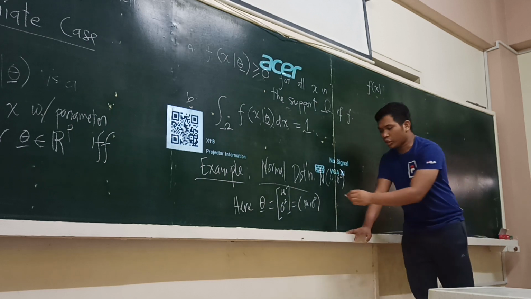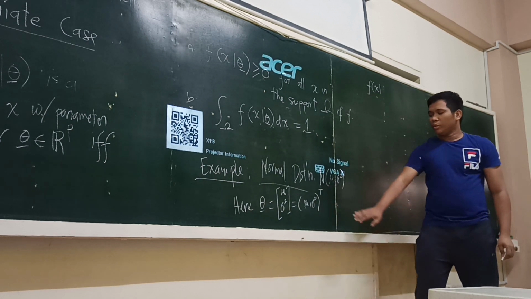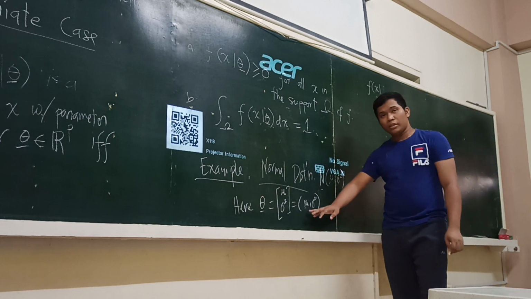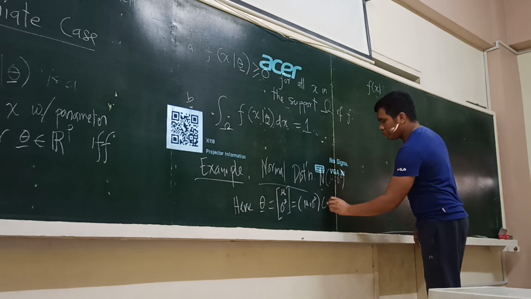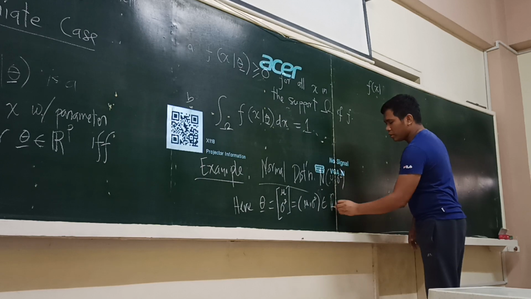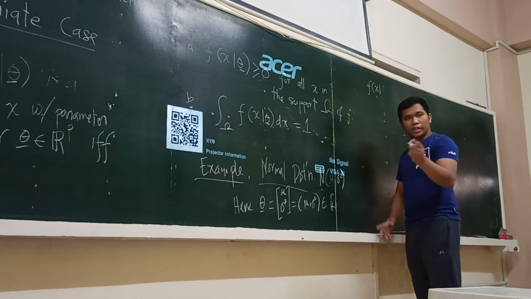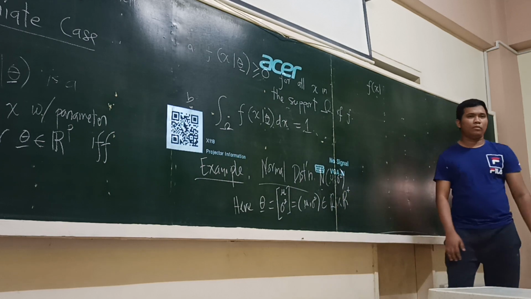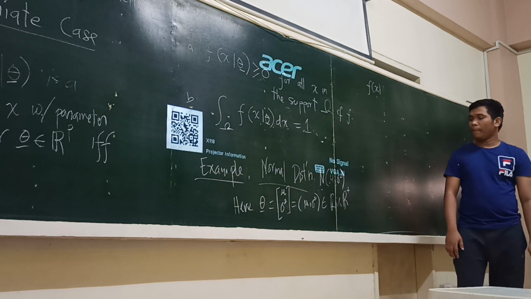Usually there is no transpose annotation; it's just like an ordered pair. Mu here can be any real number, while sigma squared is always positive. It cannot be zero.